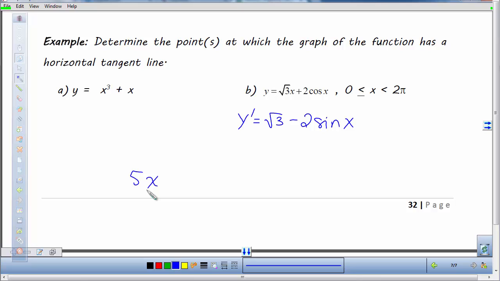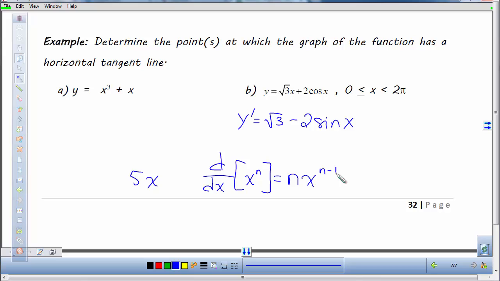This goes back to our derivative rules. We said the derivative of x to the n is equal to n times x to the n minus 1.